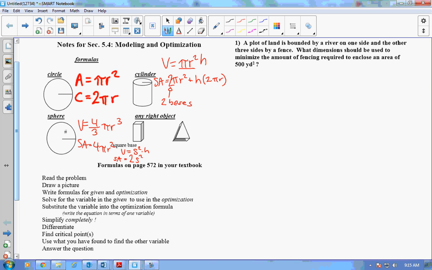How many rectangles do we get? 4, because this is S and S, S and S. This is the two-dimensional net. And all of those are width S. So we get 4 equal rectangles. So plus 4, and we have width S, but what's this side called? Yeah, it's the height. So S times H.